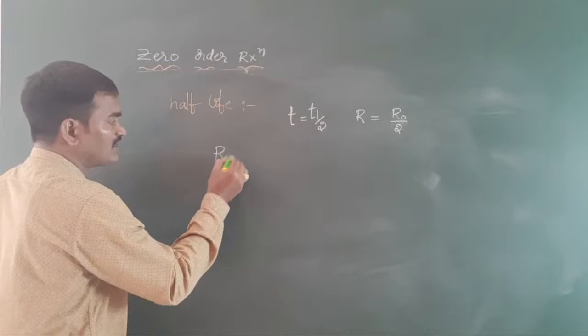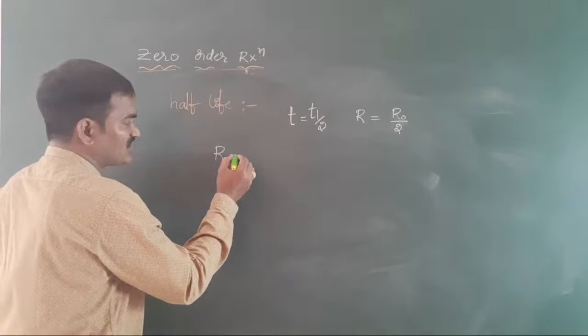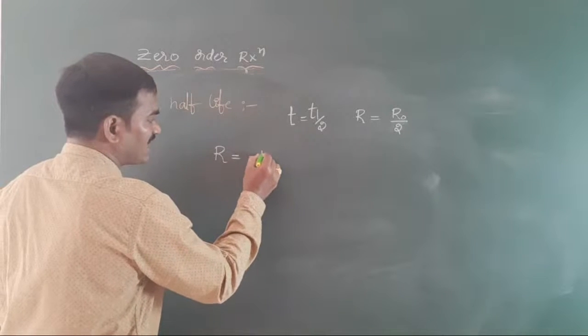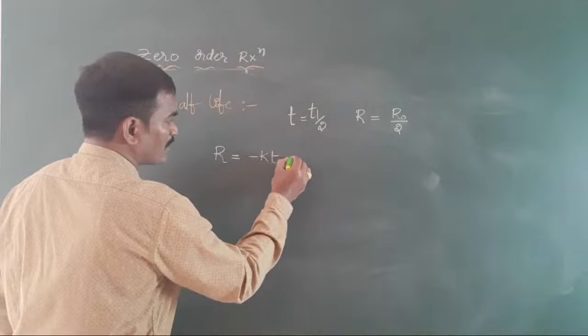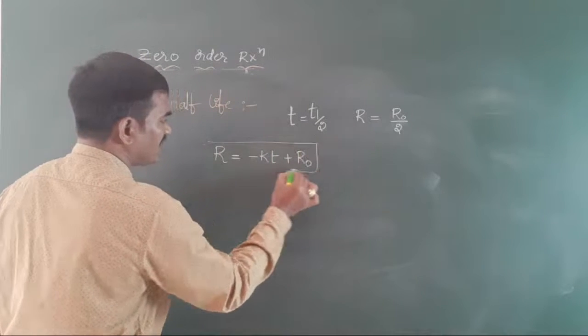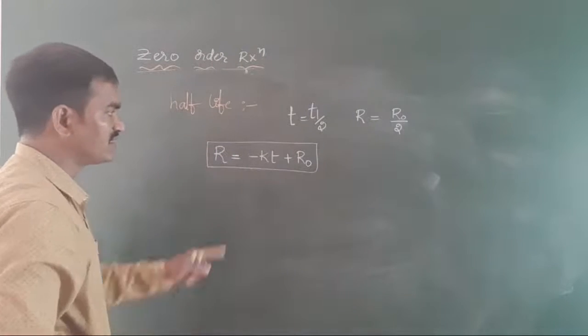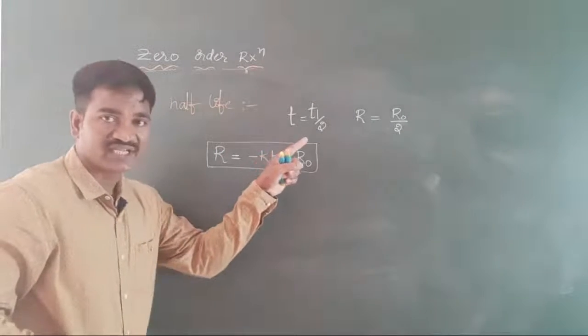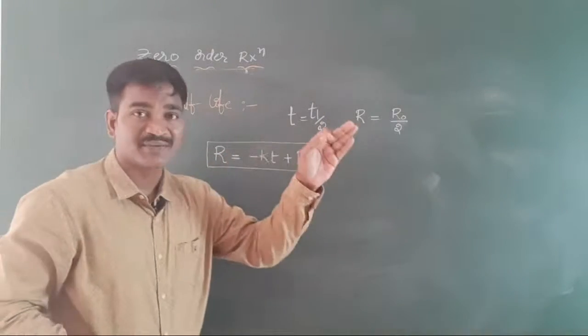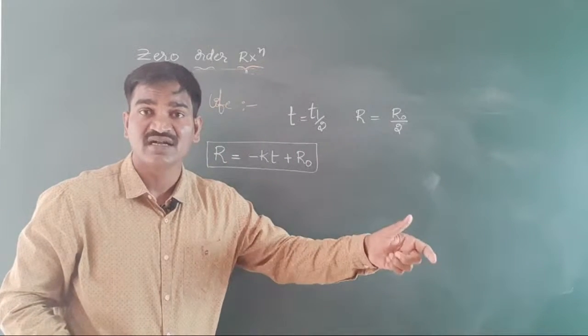Which formula? That is the integrated rate equation for the zero order, R is equal to minus KT plus R naught. In this, what are we going to substitute? Half-life. What is half-life? The time required for the initial concentration to become its half.